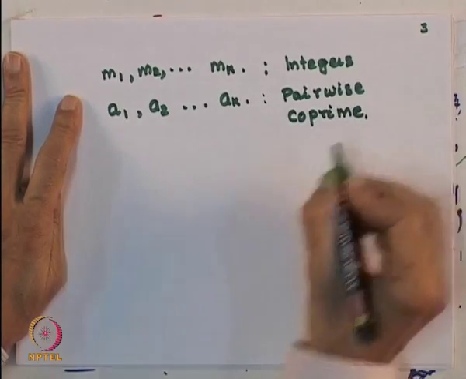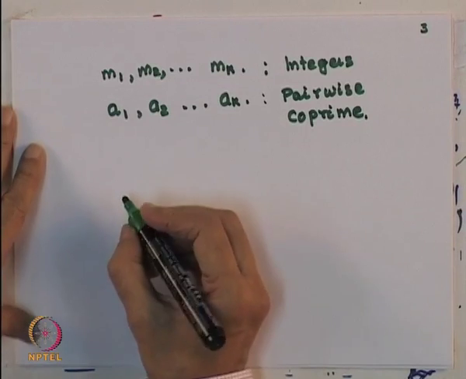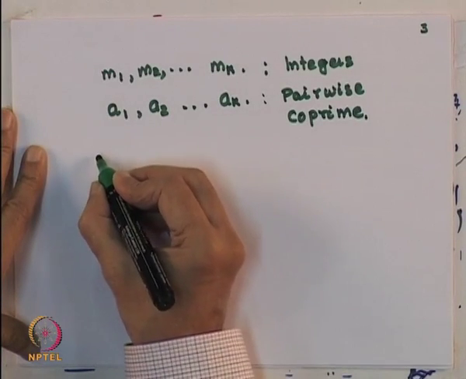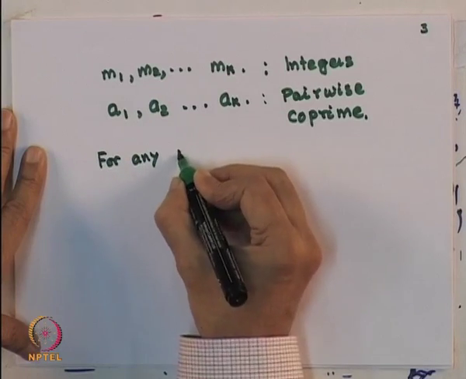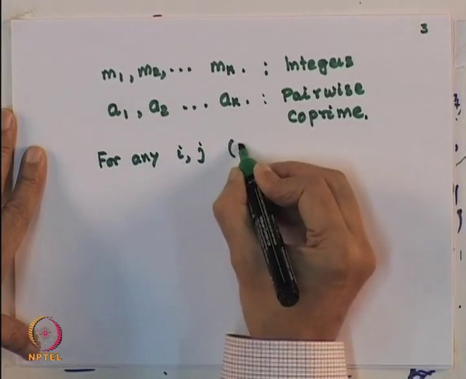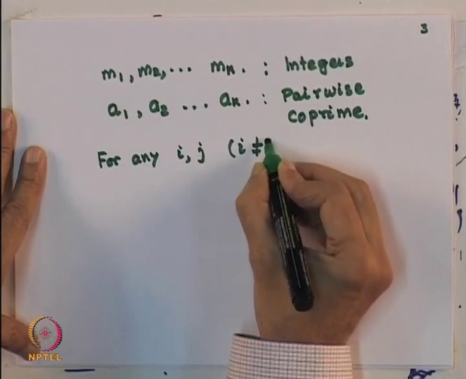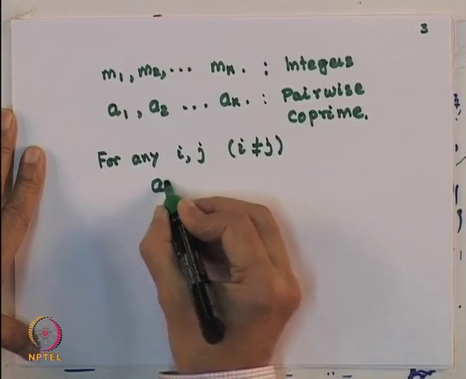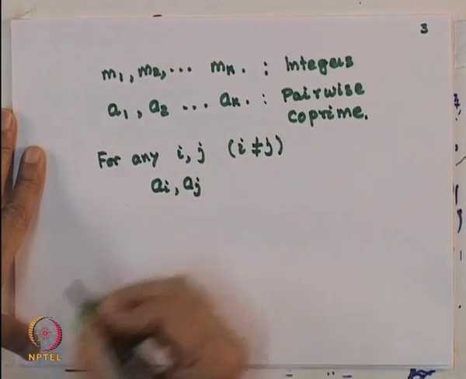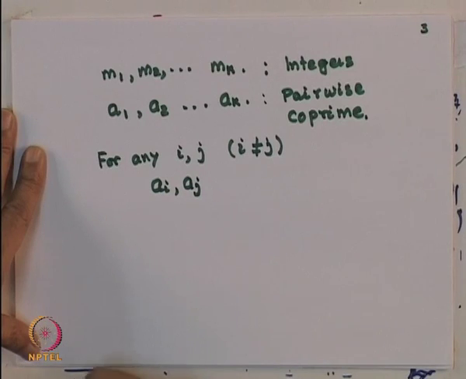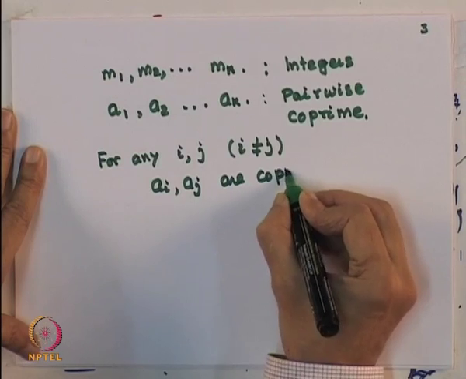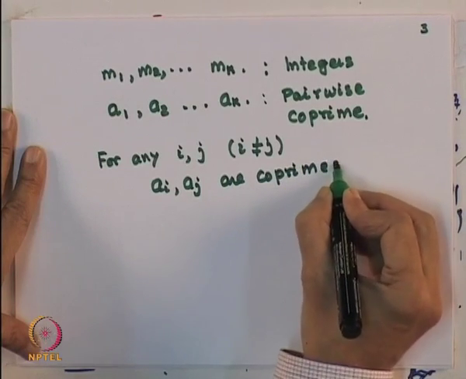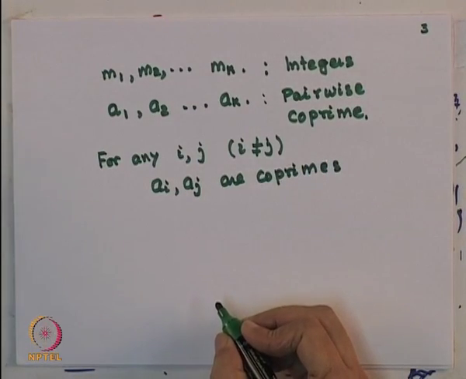What it means is that for any i and j, i not equal to j of course, ai and aj do not have any common factors. So ai and aj are coprimes. That is what is meant by pairwise coprime.